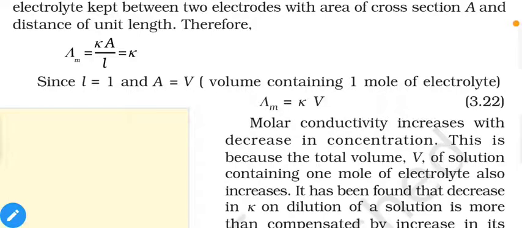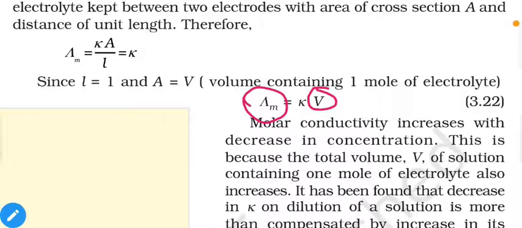Now notice here, if V increases, lambda m also increases. They are in a directly proportional relation. That means if one increases, the second also increases. Let us say kappa is constant, then lambda m is directly proportional to volume V. So in molar conductivity, we can say that if volume increases, it increases the molar conductivity.